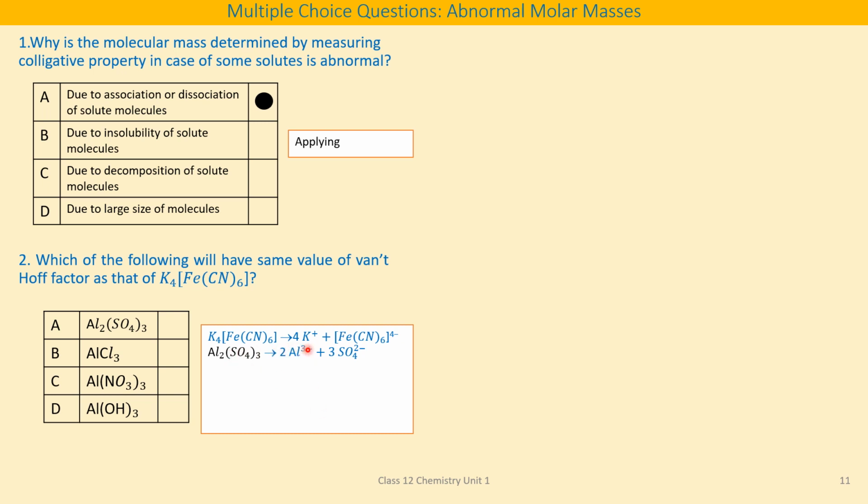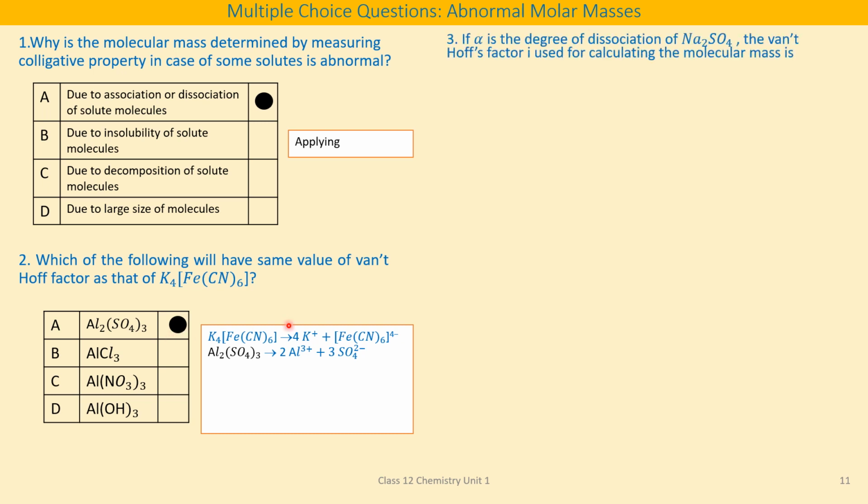K4[Fe(CN)6] gives 4K+ and [Fe(CN)6]4-. Al2(SO4)3 gives 2Al3+ and 3SO4 2-. Hence, option A is correct. Please mark A as the answer.